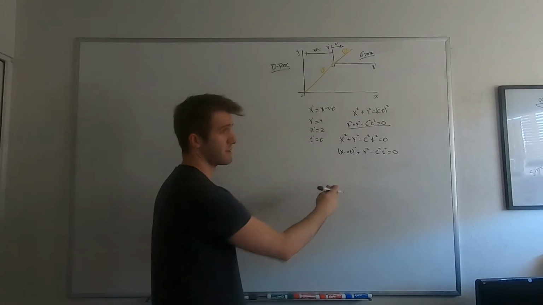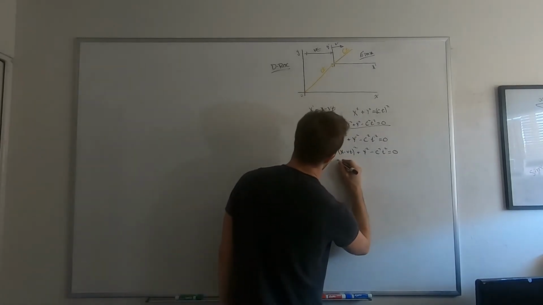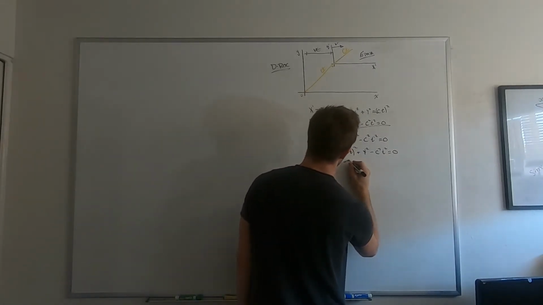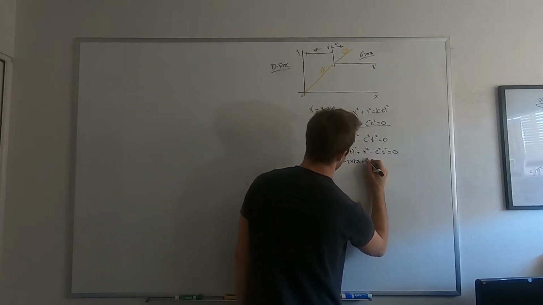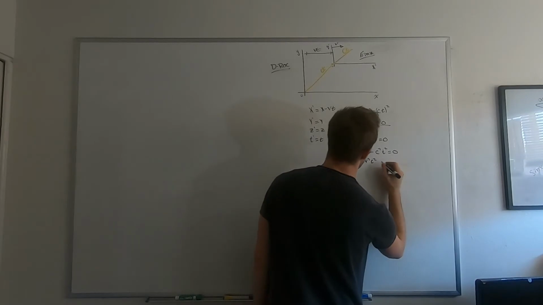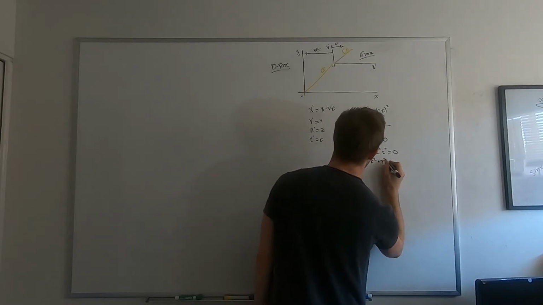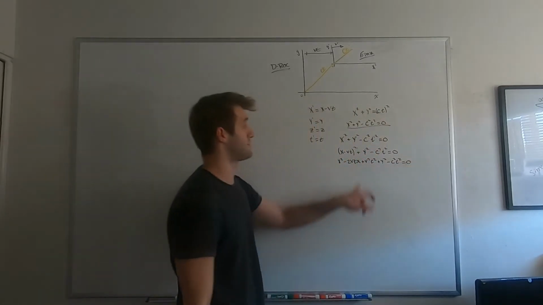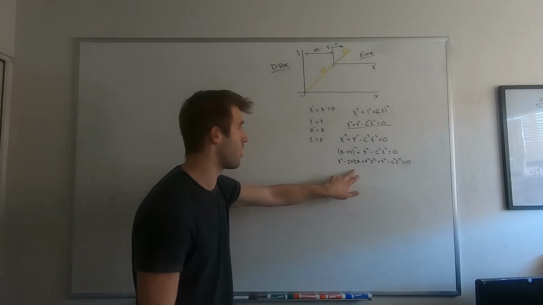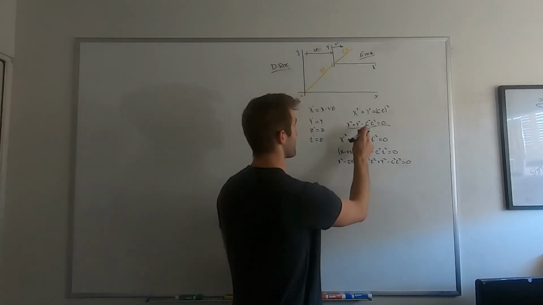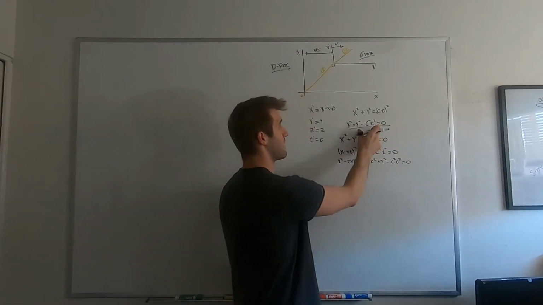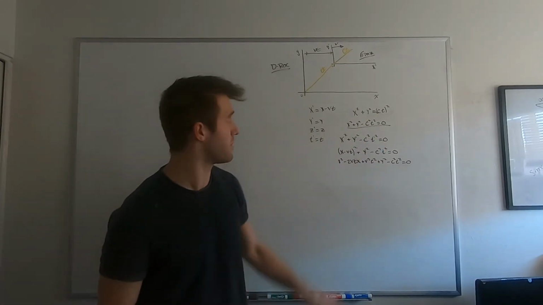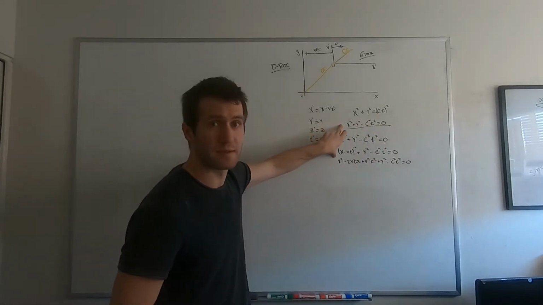All right, foiling this out, we get x squared minus 2vtx plus v squared t squared plus y squared minus c squared t squared equals 0. You can already see right off the bat there's something wrong with these cross terms, because we are clearly not ending up with what we need to preserve this invariance.